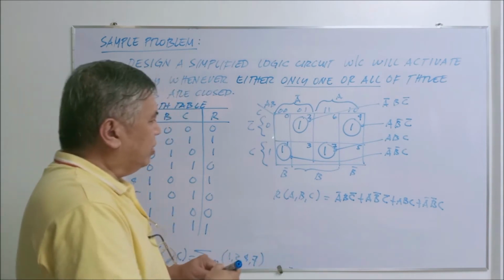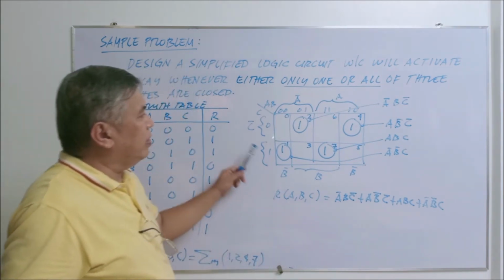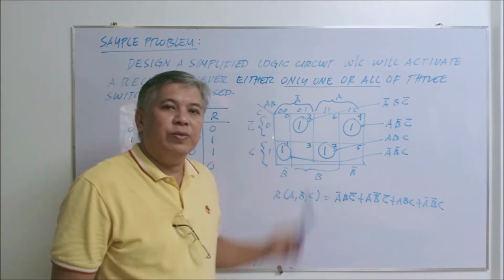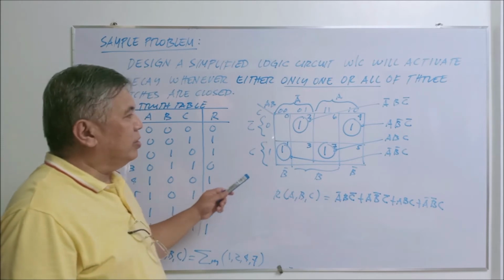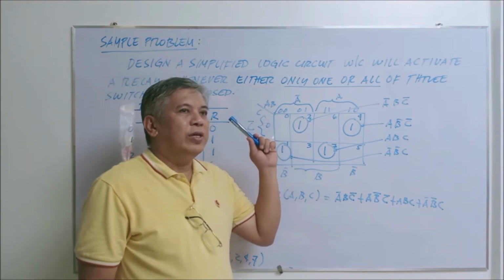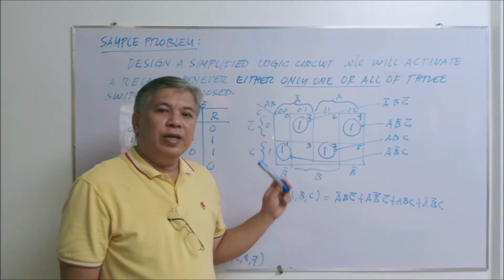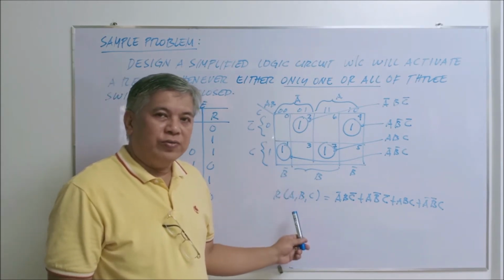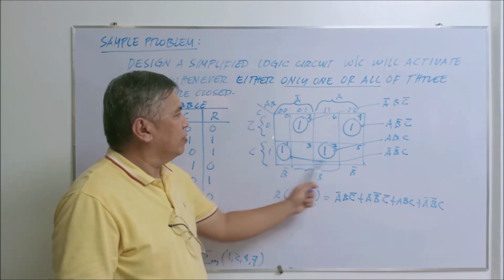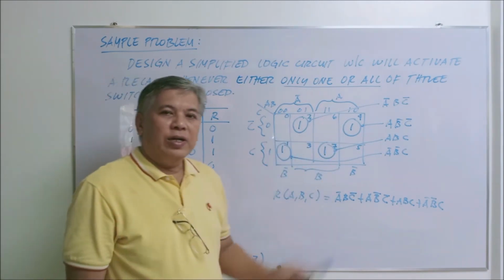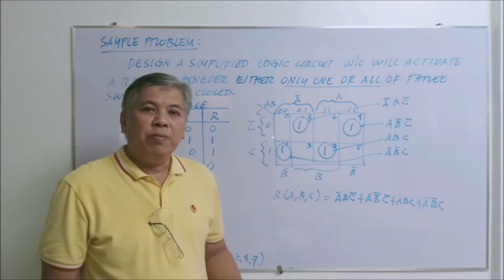If you notice, the equation that we derived this time is the same as the equation that we had in the last discussion. In other words, the equation that we derived that time was already a simplified logical equation, since they are the same. Why? Because there were no adjacent cells present in your K-map.